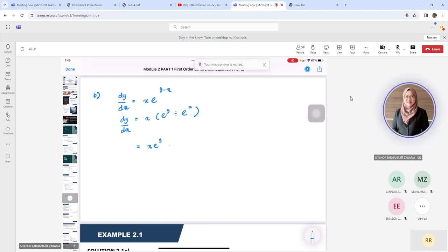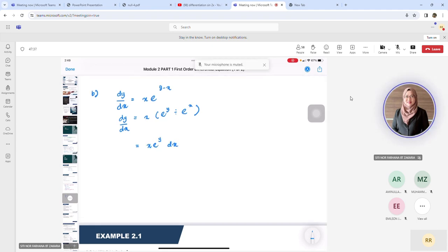This one, the x exponential y over exponential x dy. So transfer, if you don't want to transfer also can. So this one will be x over exponential x dx. This one, exponential y, bring to your left. So it will become dy over exponential y. So simplify this form.